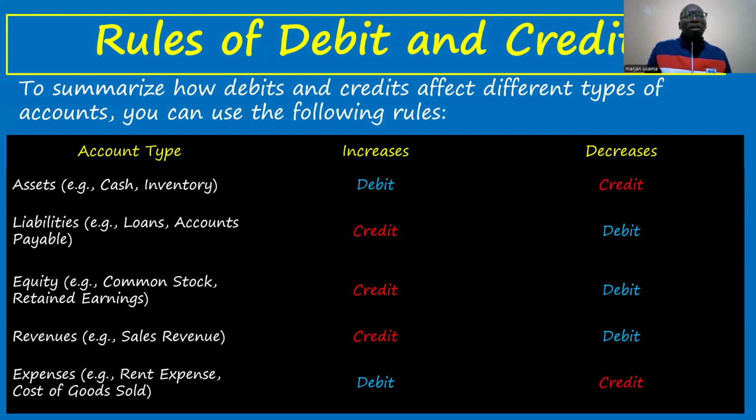And if revenues decrease, do you normally debit or credit? You can be asked such questions. So you just have to have an idea of what these accounts do to the debit and the credits.